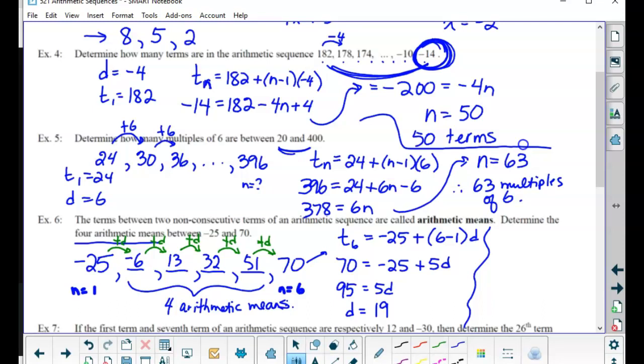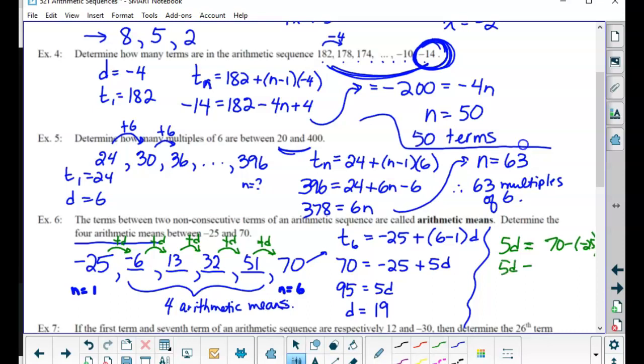So 5D is going to be the difference between 70 and negative 25.